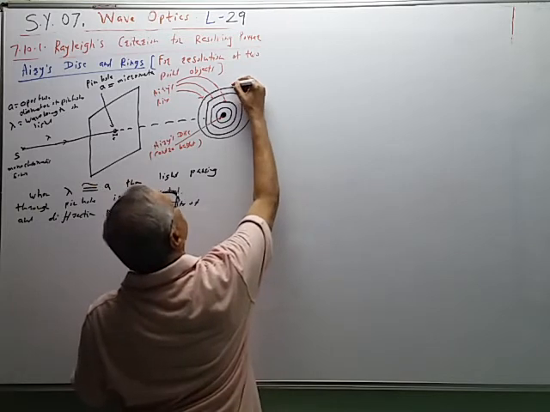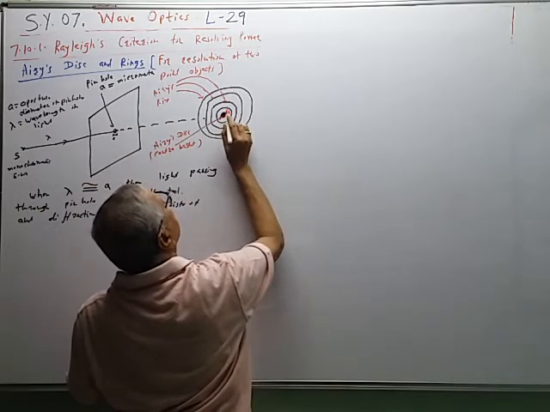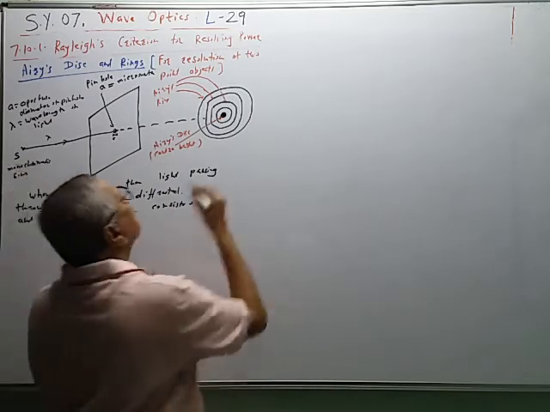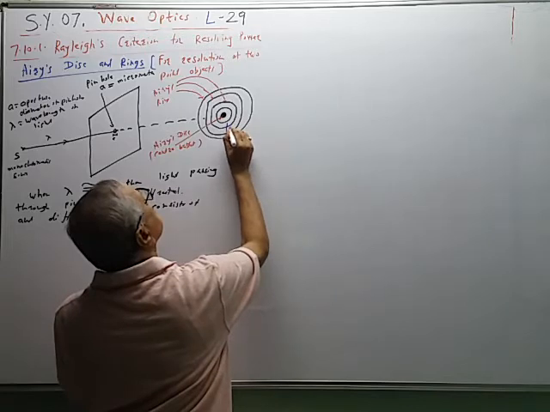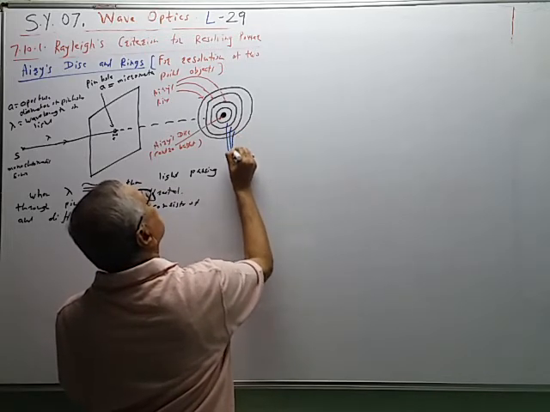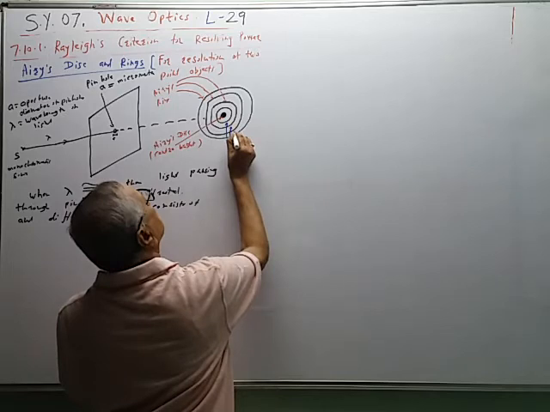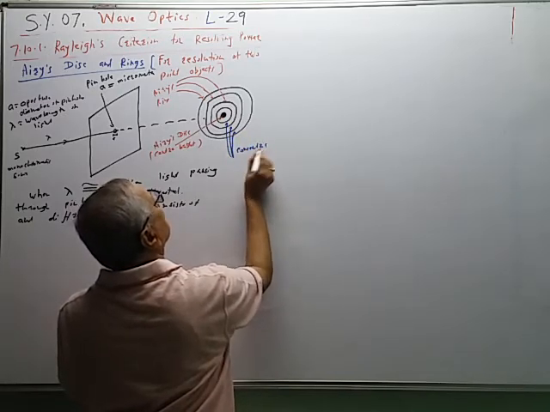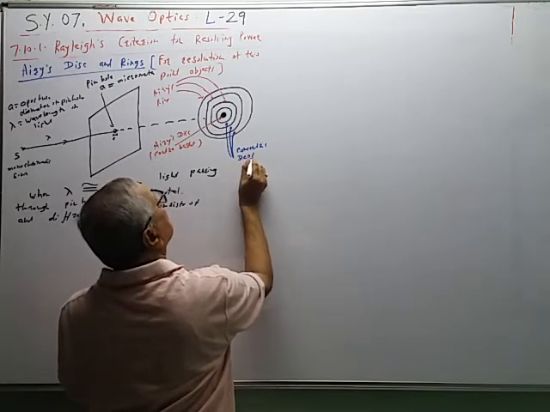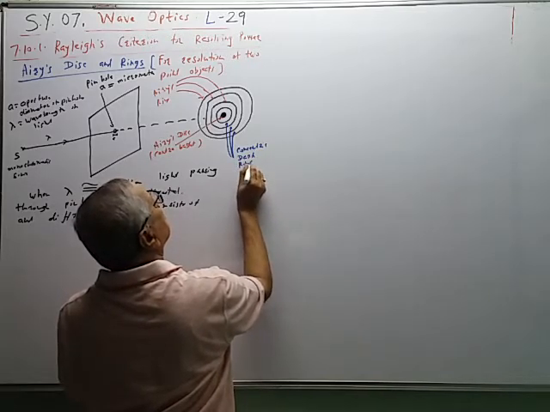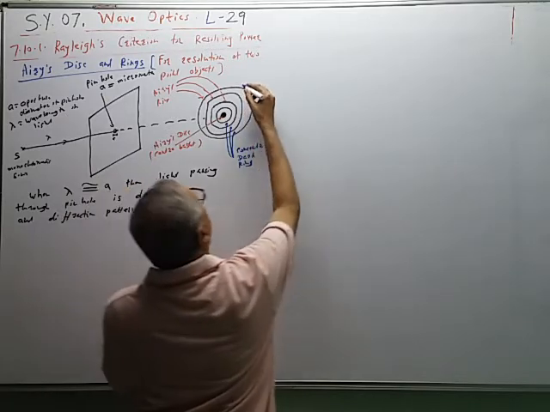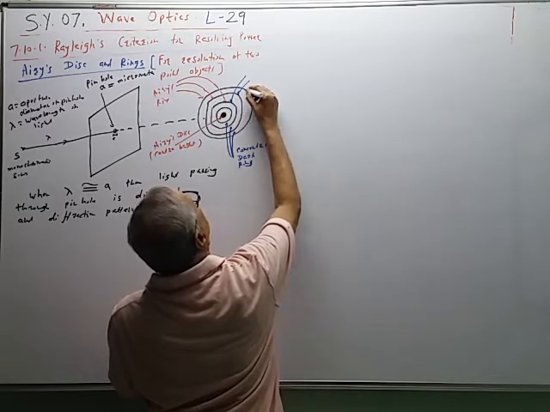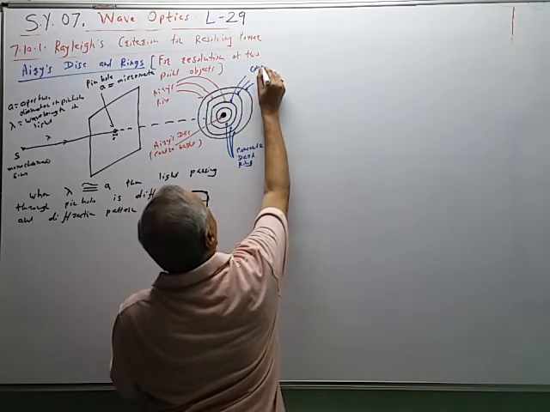So these are bright rings. Sorry, this is dark. These are the concentric dark rings. These are the concentric bright rings.